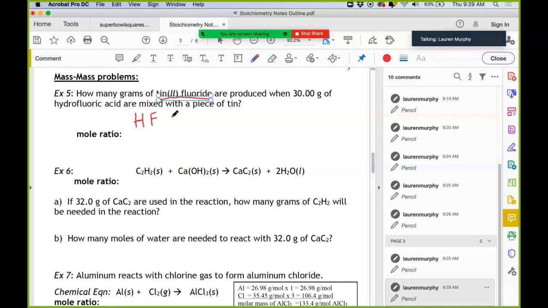It's being mixed with, so that's plus, a piece of tin, that's Sn. All right, so I will give you a second. First of all, this is why being able to predict products is important, because you can't do this problem if you can't write out a balanced reaction. So hydrofluoric acid is mixed with a piece of tin. What type of reaction is this? A compound with a single element.